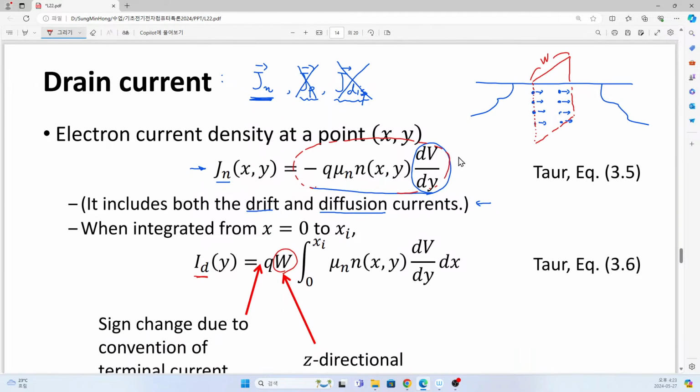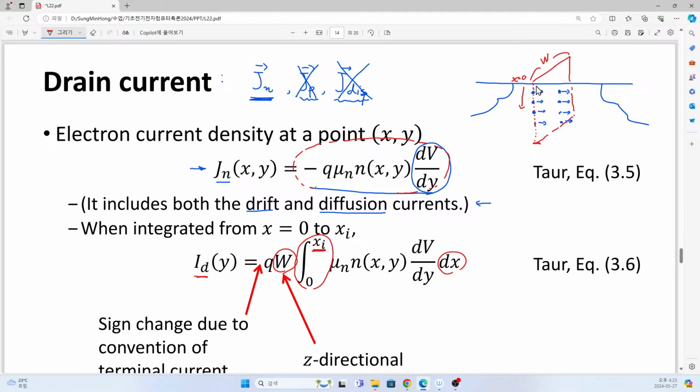Now the remaining integration is only for the x direction, starting from x equal to 0, going in this vertical direction and stopping at a certain point. Okay, so what is x sub I?